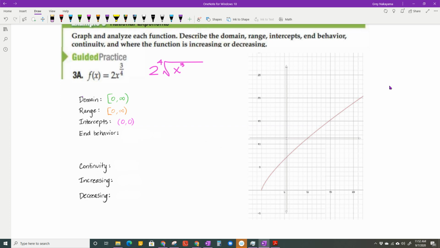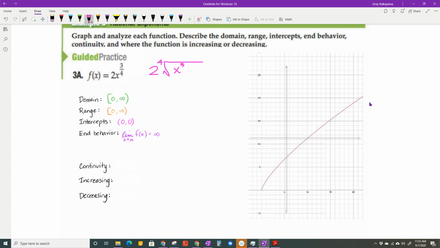My end behavior: this is a point, 0, 0. This is an arrow. That is something you need to know about a graph, even though you might not see arrows, so you have to know a little bit about what you're looking at. In this case, the limit as x approaches infinity, which is my right arrow, the only place I have an arrow, is going to be infinity because it is going on forever and ever that way.